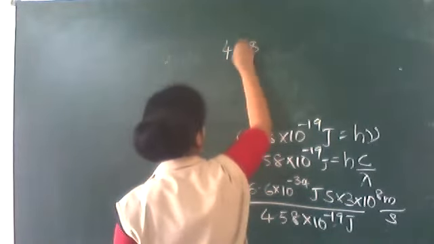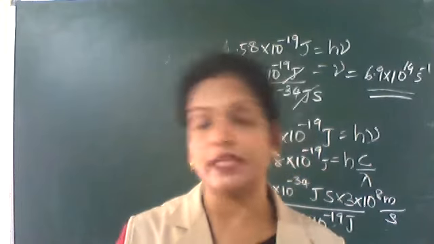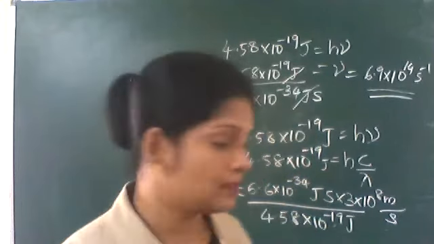Wavelength you can calculate, and the calculated wavelength I am giving you in nanometer. You will be getting it in meters, and you can convert that into nanometer, that is 434 nanometer.